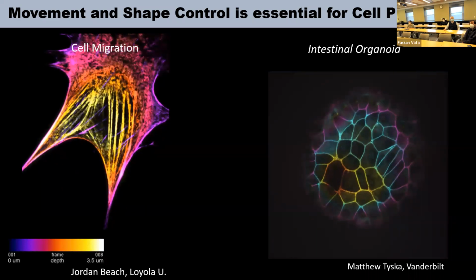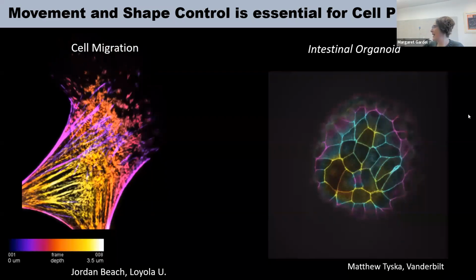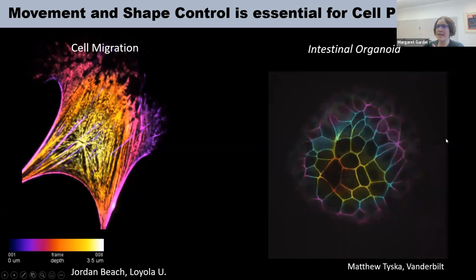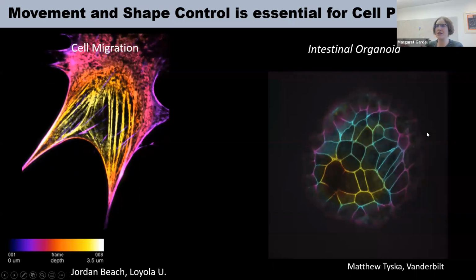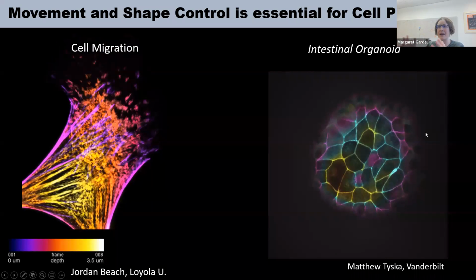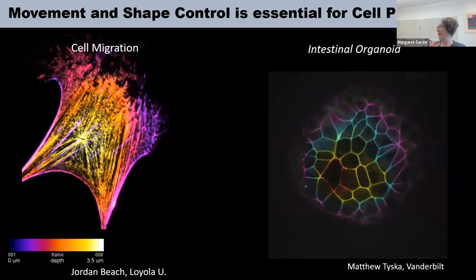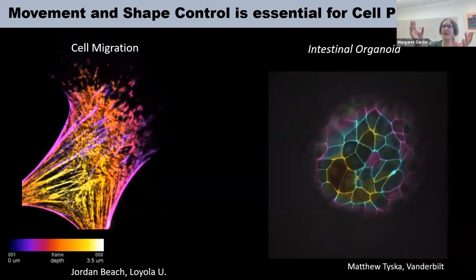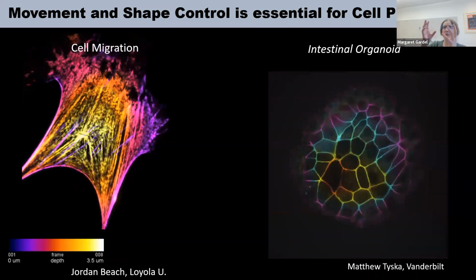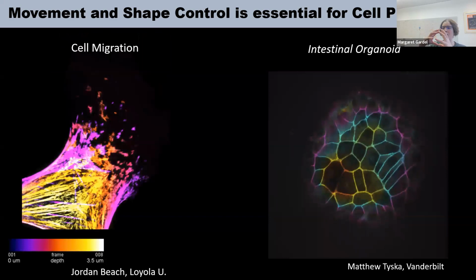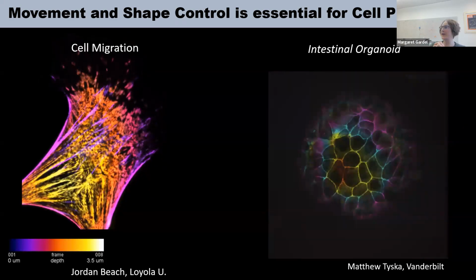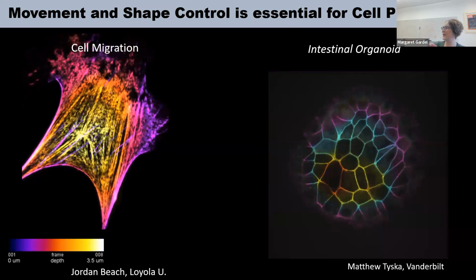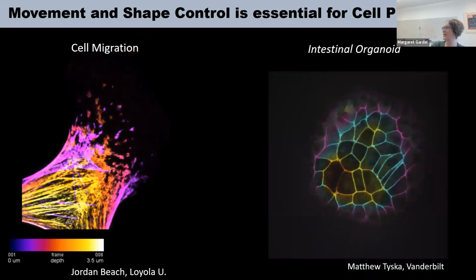And then the right is an intestinal organoid. So it's stem cells that were induced to differentiate into intestinal epithelial cells. What you're seeing here is if you seed one of these cells and let it proliferate and divide, and you put it into a three-dimensional matrix, the cells will form a hollow sphere called an acinus. The color in both of these movies is different heights.